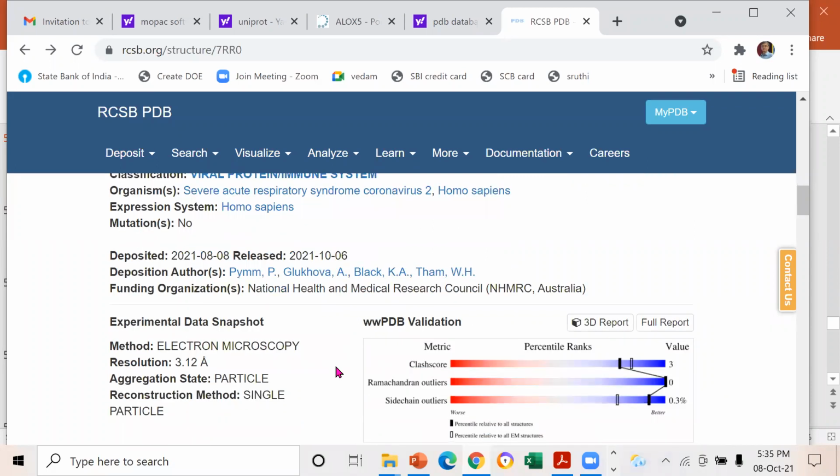The experimental data is very recent, 6th of October, 2 days back.